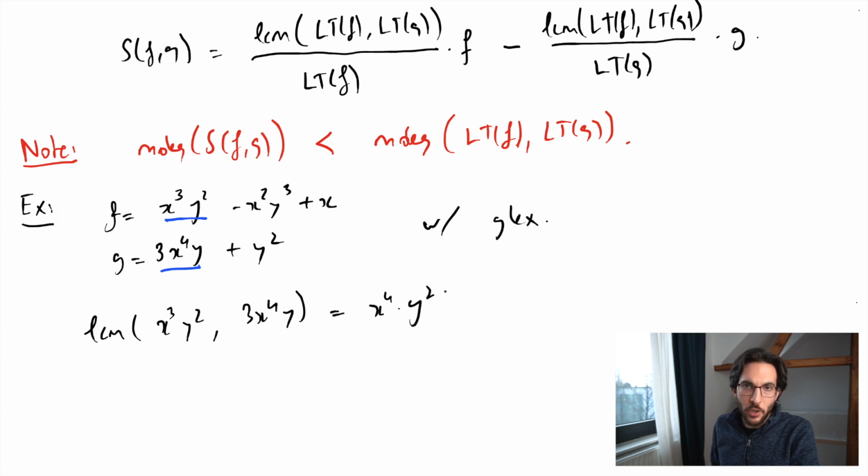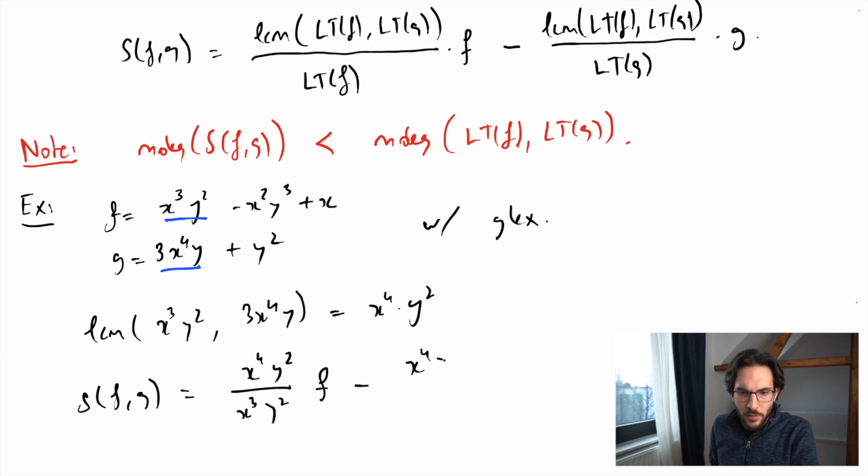So this is the least common multiple. And then the S polynomial of f and g is this least common multiple divided by the leading term of f times f, minus the least common multiple divided by 3 x to the 4 y times g. So these will cancel, and then the rest I can compute.